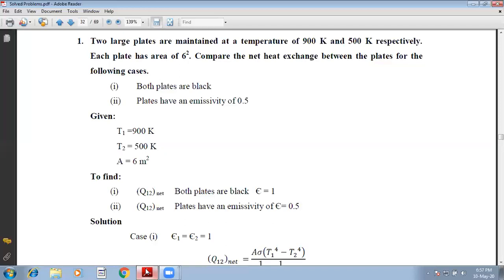And as you move sideways, theta goes on increasing, and if you reach an angle of 90 degrees, cos 90 is 0. Hence, you will not get any energy.